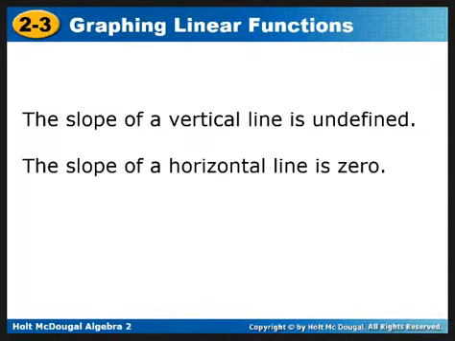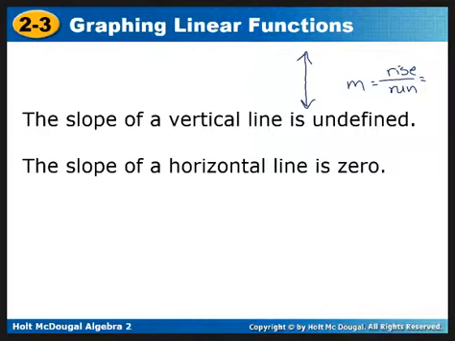Now, something that's kind of important: if you have a vertical line, a line that goes straight up and straight down, we think about slope as being rise over run. Well, in this case, the rise is going to go on forever. It's never going to stop going up, it's never going to stop going down, and it has no run.